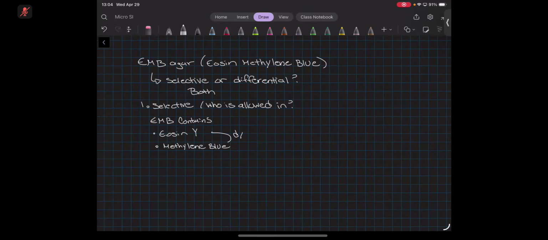Both of these are dyes. And these dyes inhibit gram-positive bacteria. What does that mean?